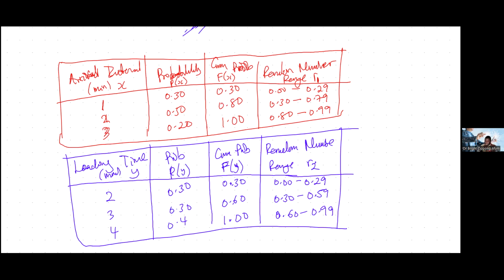All right, so assuming now we want to simulate a system and see both the arrival interval and the loading time, which have been generated.